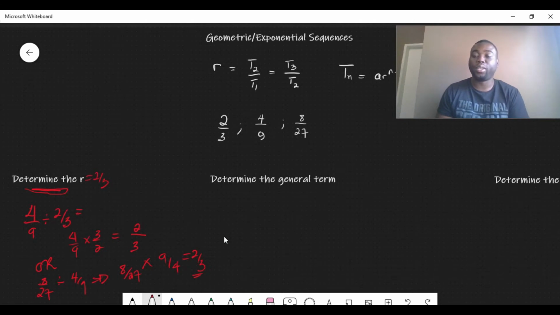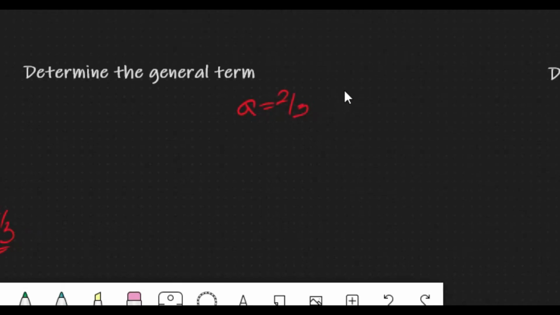Whenever they ask you to find your general term, it means you're going to substitute your A and your R into your geometric sequence formula. So I'm literally going to put A, which is 2 over 3, and R, which is 2 over 3, into this particular formula. Okay, so let's try that out.